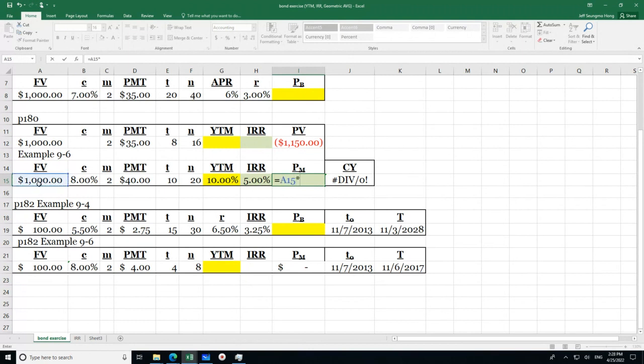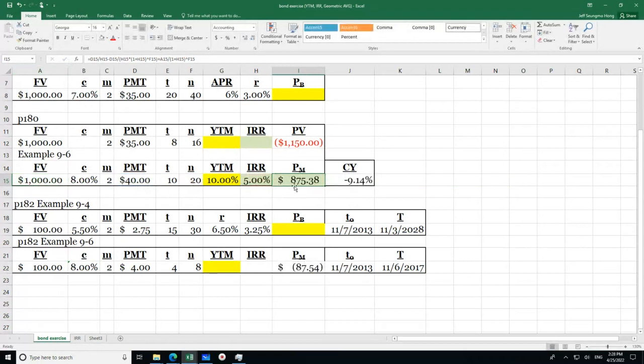Payment, which is already here, I calculated already, payment over R, minus payment over R times 1 plus R raised to n, close parenthesis, plus face value divided by 1 plus R raised to n.